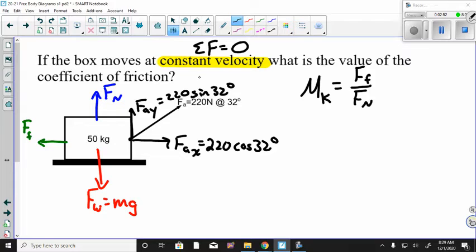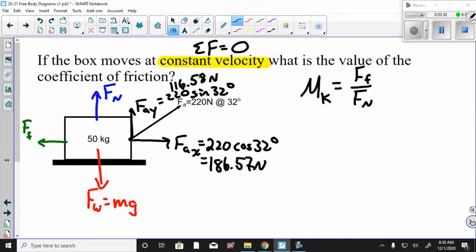I'm going to do that on a calculator. 220 cosine 32 gives me an x component of 186.57 newtons and a y component of 116.58 newtons. Okay, so now I've got my free body diagram completed. I can start trying to figure out what the friction force and the normal force are.